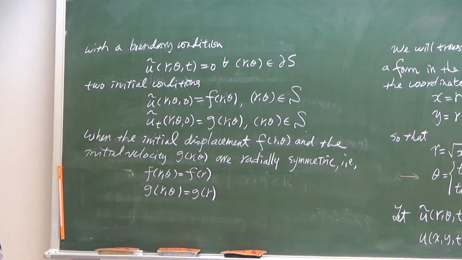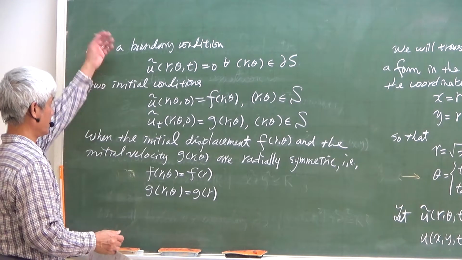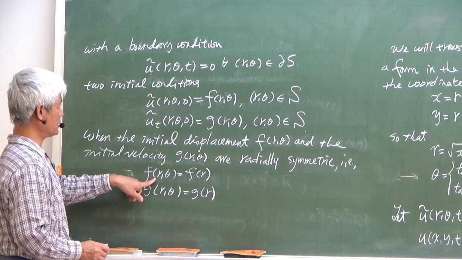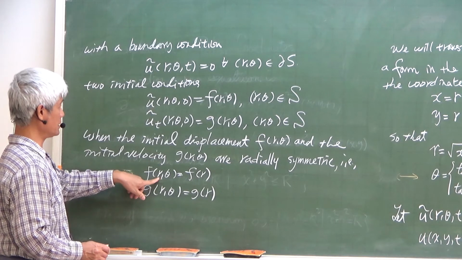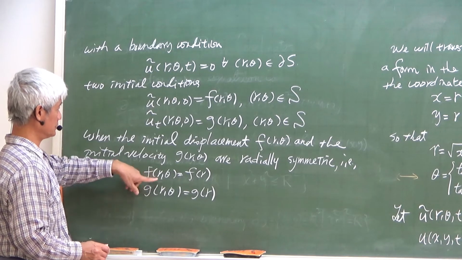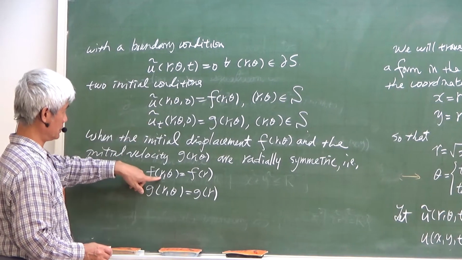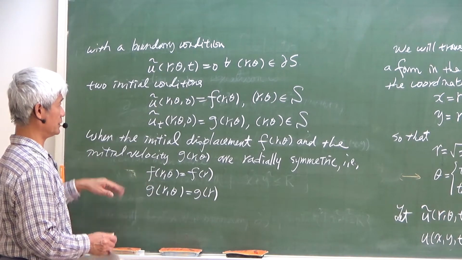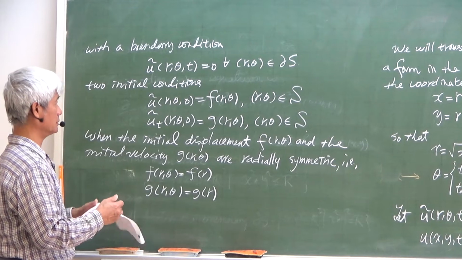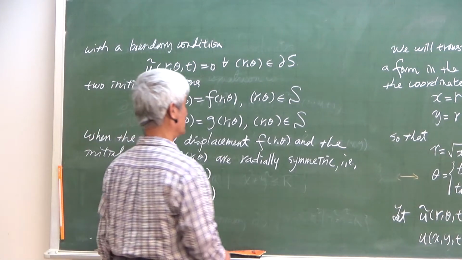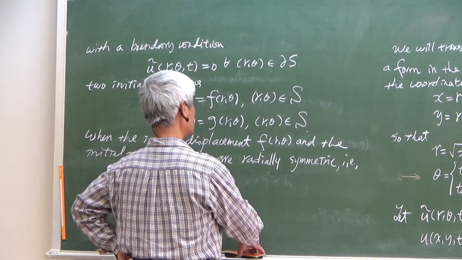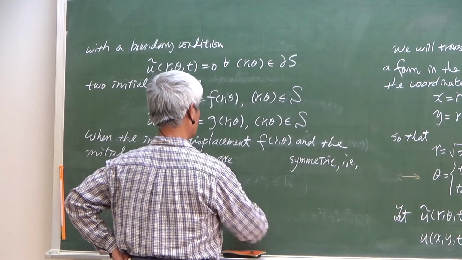Suppose that we have radially symmetric initial displacement. So the initial displacement just depends on the distance of the point from the origin. I think I should say that circular symmetric, not radial symmetric.